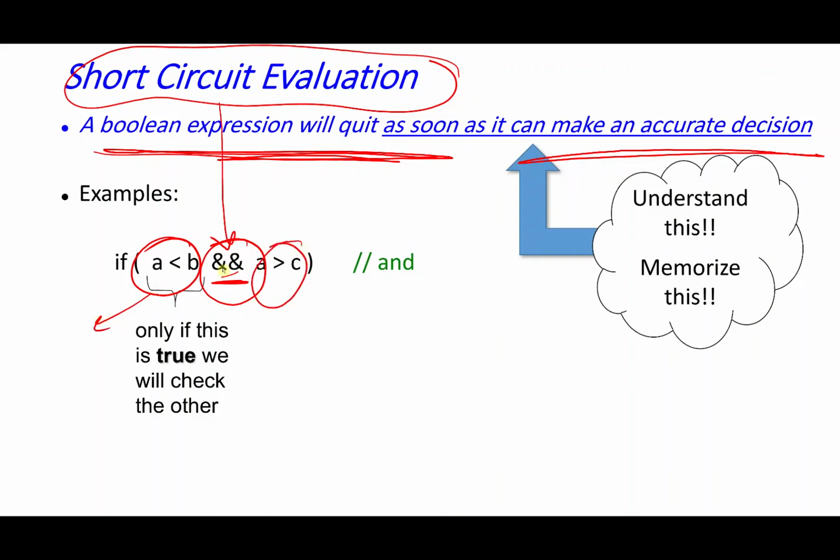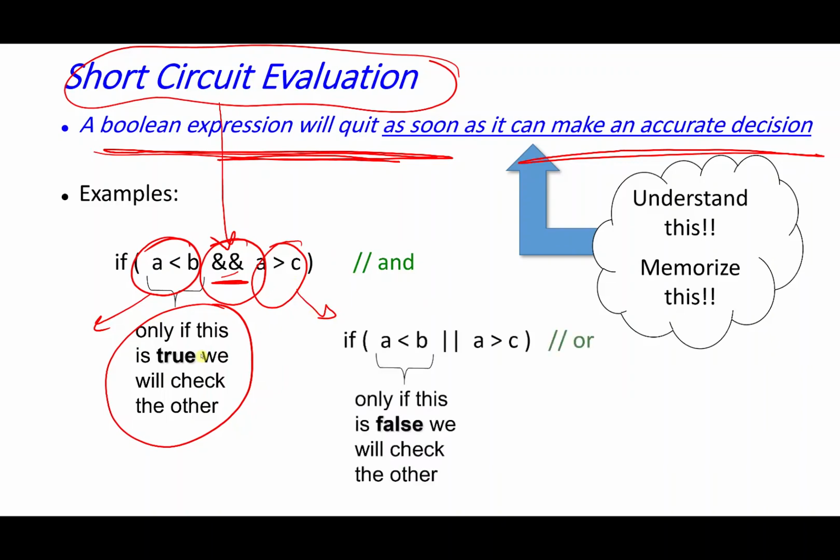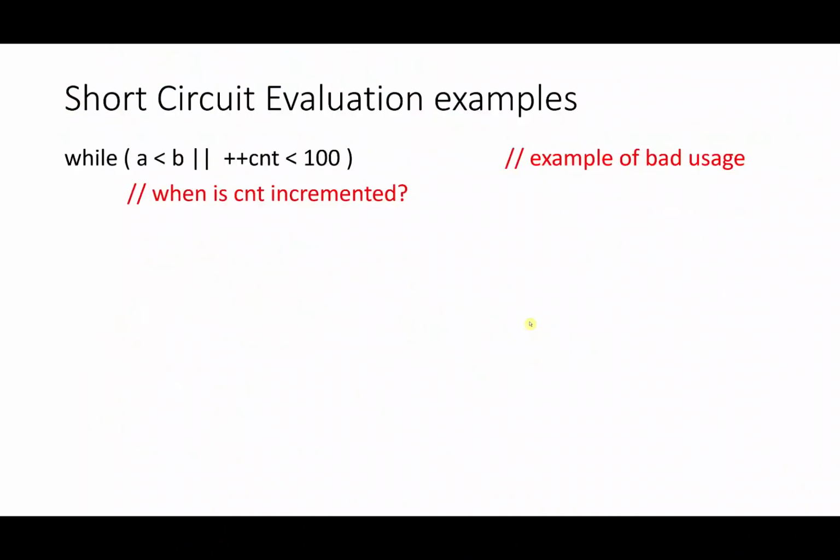So you need to check this one only if this is true. You need to check this one only if this is false. If this is true, you don't need to check this one, right? Because you can make an accurate decision. True or anything is true. False and anything is false.